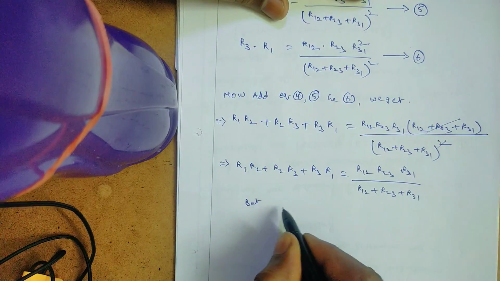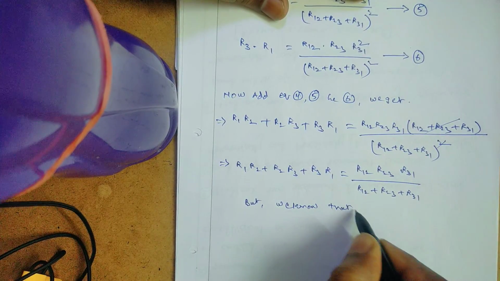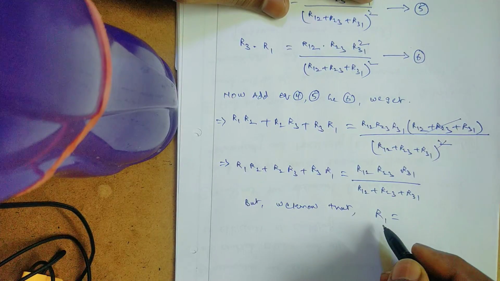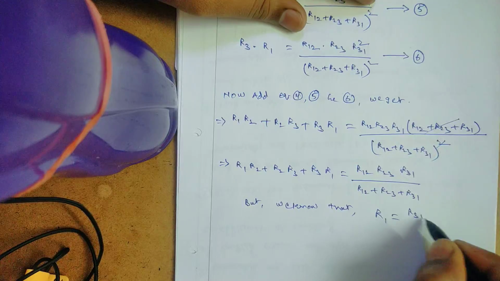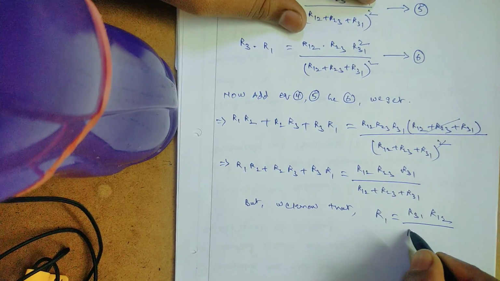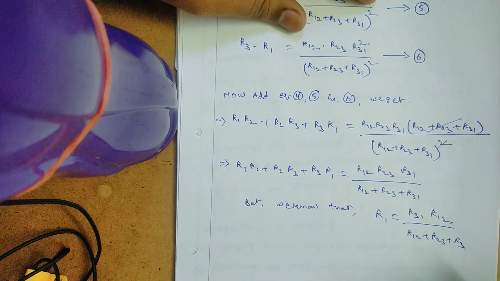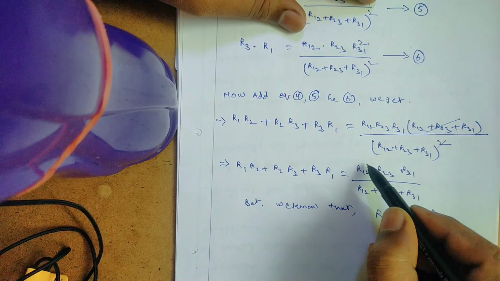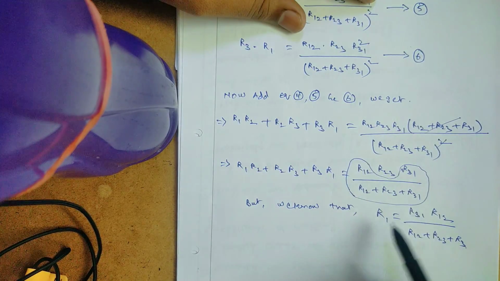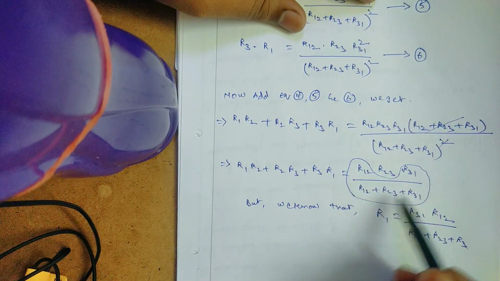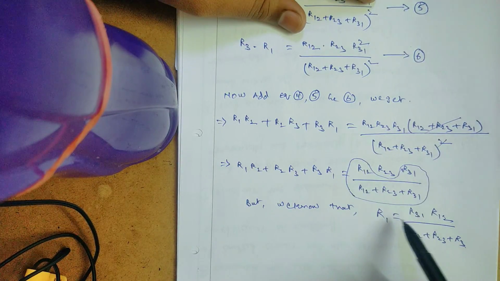But we know that R1, the star branch expressed in delta terms, is R31 R12 by R12 plus R23 plus R31. This is R1, R12 into R31 by R12 plus R23 plus R31. We replace this with R1.